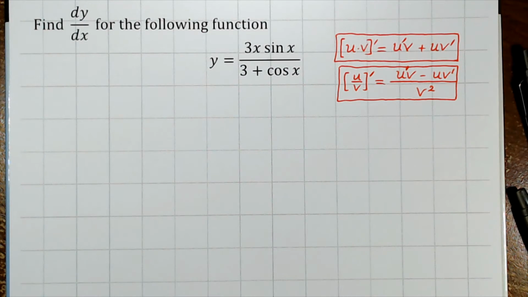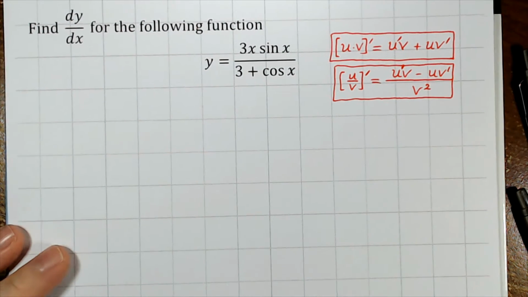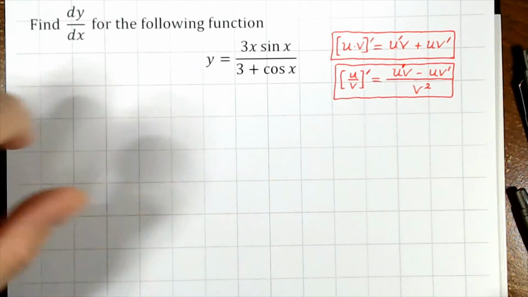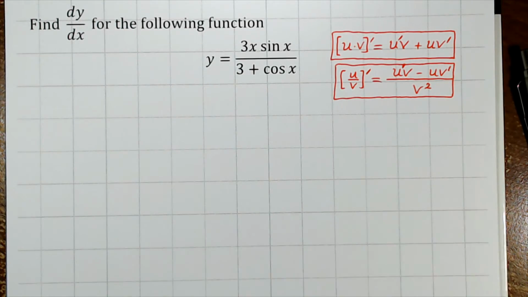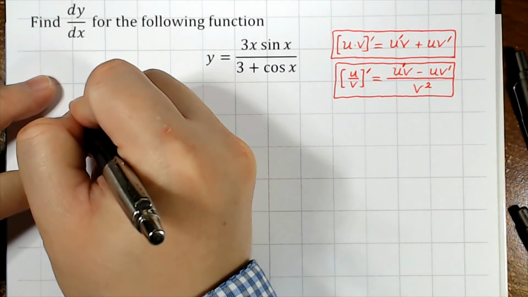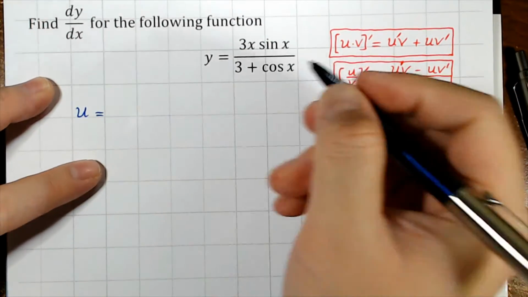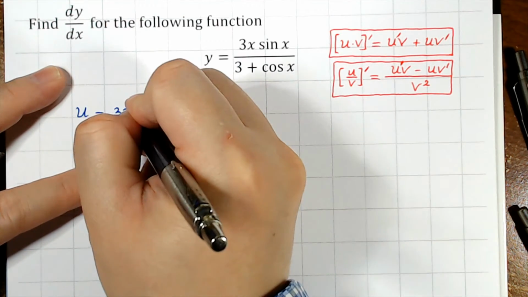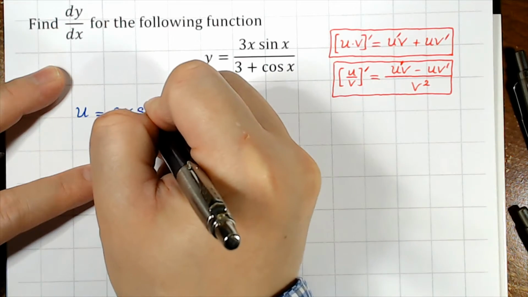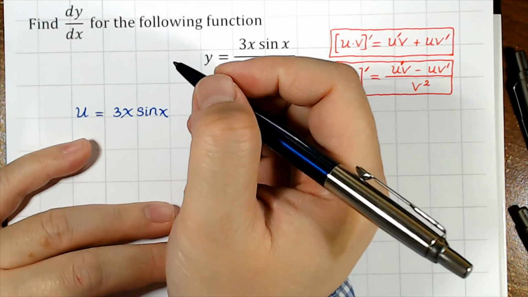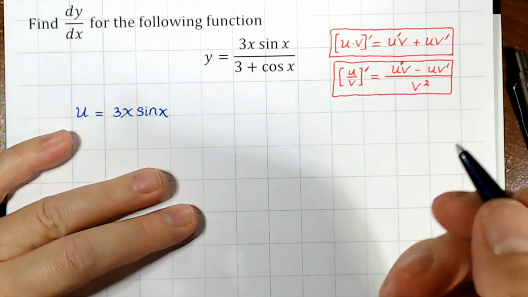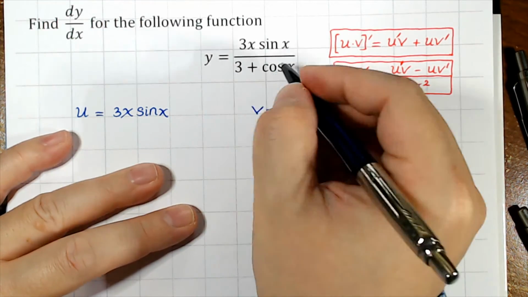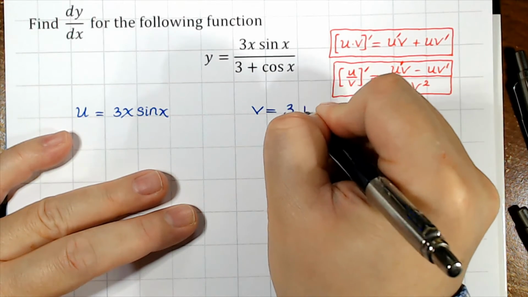Right. Now, notice we're going to use both, but in the big scheme of things, this is a quotient, so we have to use the quotient rule. So we write down u is equal to 3x sine x, and then v equal to 3 plus cosine of x.